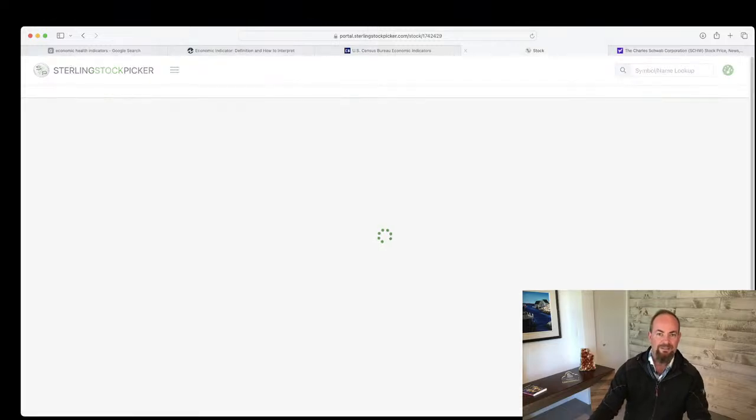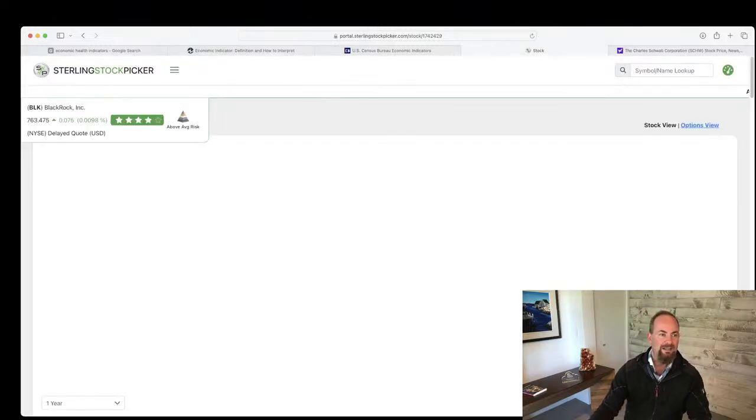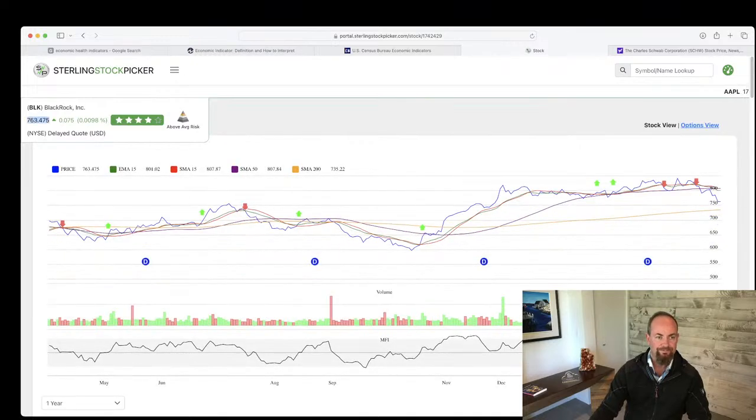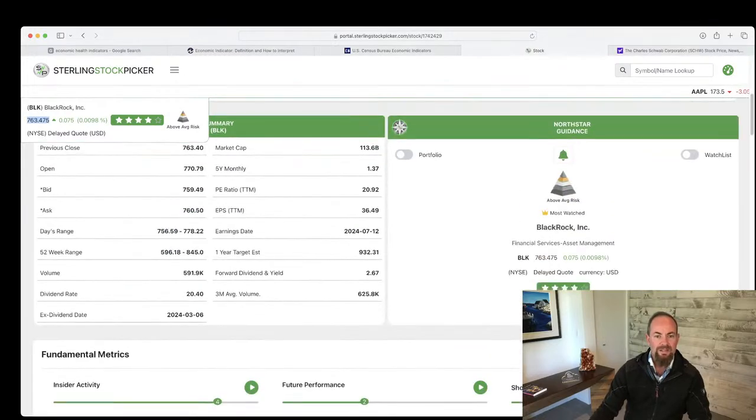All right, so listen, y'all, look at this. BlackRock, the stock price is $763 a share. Market cap is $113.6 billion. Okay, I want you to remember that number, $113.6 billion.